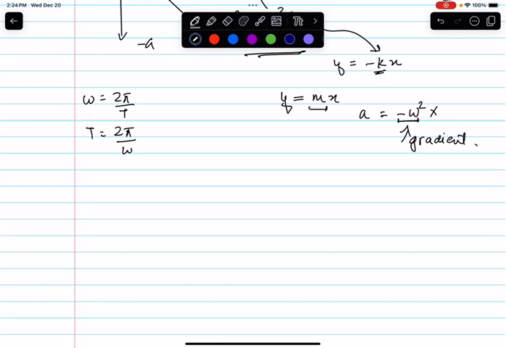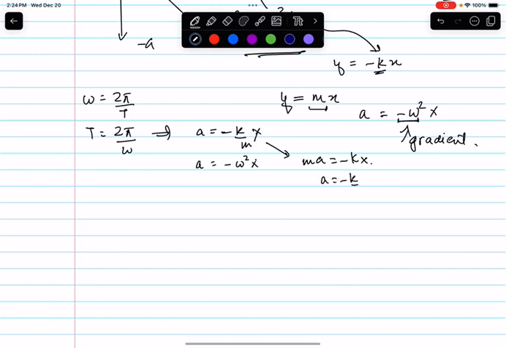We also saw in the last lecture that the acceleration is negative k by m times x, and that the acceleration is negative omega squared x. The reason we get this equation is because mass times acceleration is negative kx, that is Hooke's law.